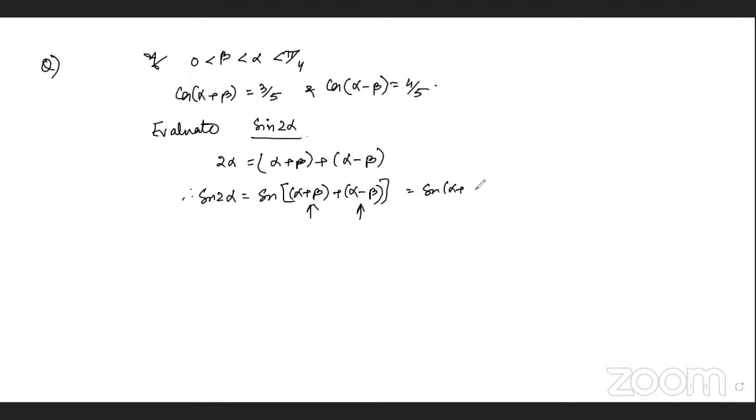That is sine alpha plus beta into cos of alpha minus beta plus cos of alpha plus beta into sine of alpha minus beta. But as you can see, what is given to us is cos of alpha plus beta and cos of alpha minus beta. This and this is given, but not this and this. Obviously, what we can do is we can always draw a triangle.